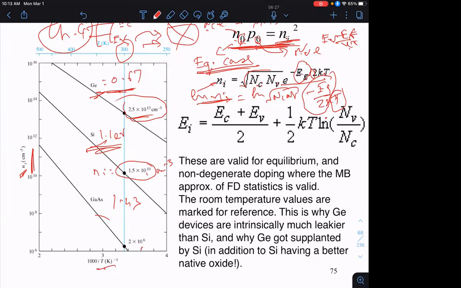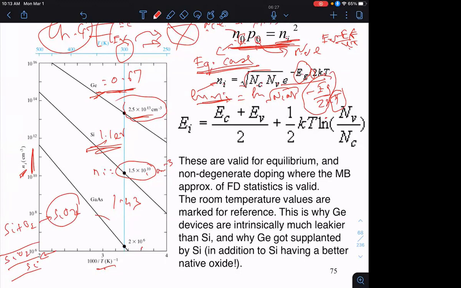Okay, silicon has another key advantage, and that is, we'll see in chapter 5, you can grow silicon dioxide by reacting oxygen with silicon, where silicon dioxide is an insulator, and this interface between silicon and silicon dioxide is one of the best electronic interfaces that you can have. You cannot grow such an insulator interface on top of germanium.